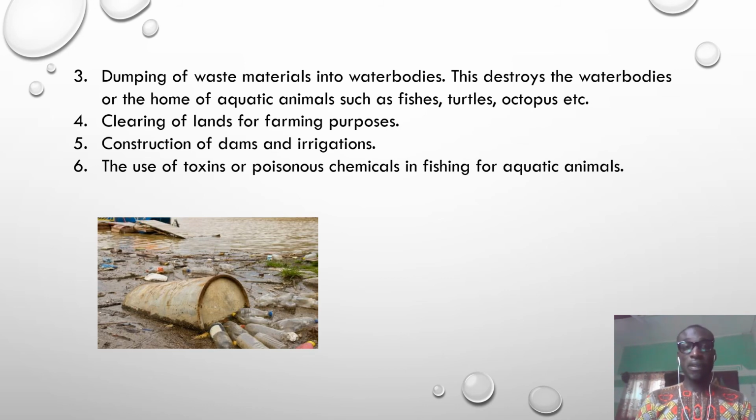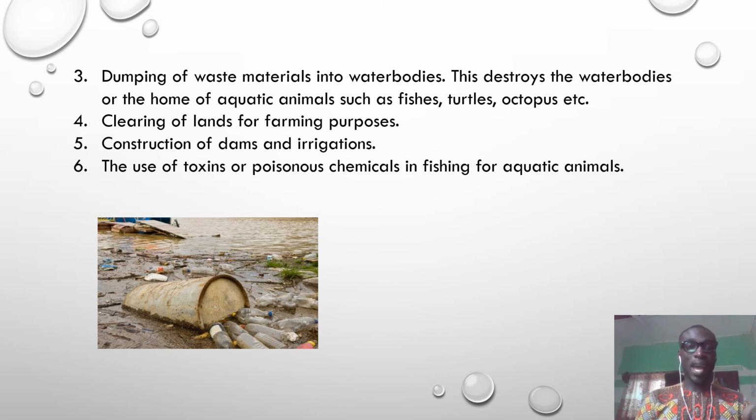Also, clearing of lands for farming purposes is one of the human activities that also cause an imbalance in the ecosystem. Also, construction of dams and then irrigations also cause an imbalance in the ecosystem.